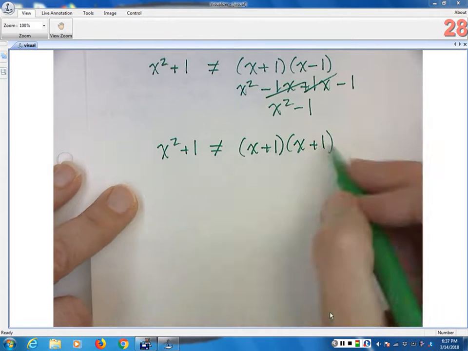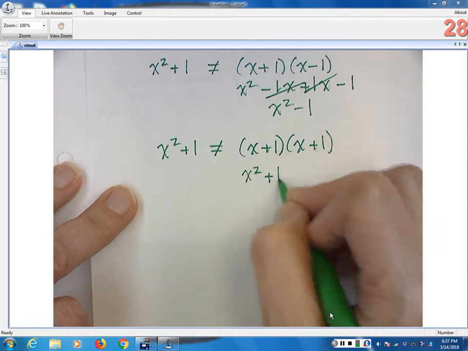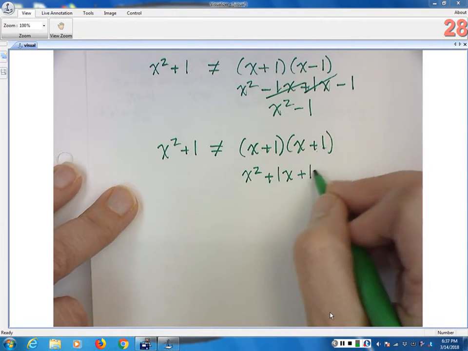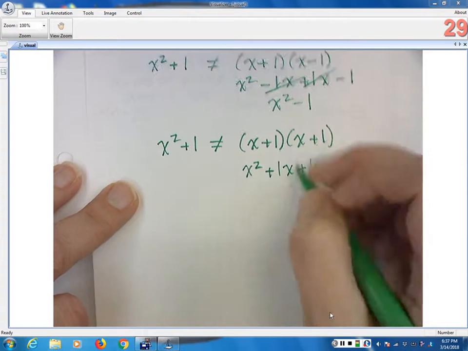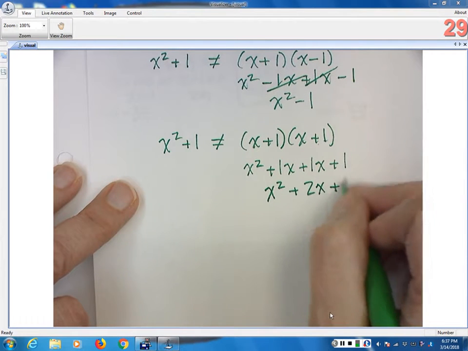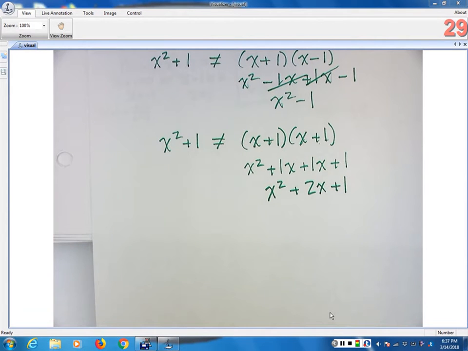FOIL that out, you get x squared plus 1x, that's the outer term, plus another 1x plus a 1. So that's x squared plus 2x plus 1. That's not equal to that. So this does not factor.